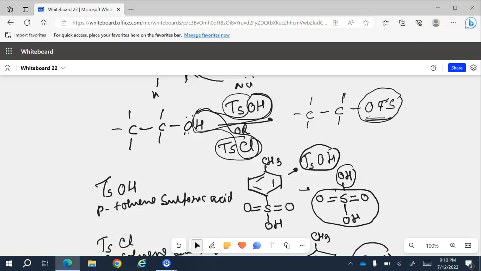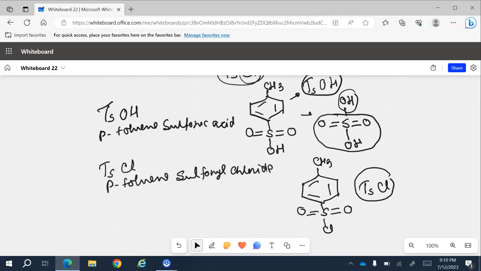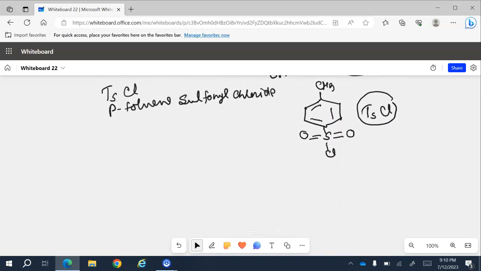So let's try to see the mechanism. How does that happen here? Whenever we are using some type of alcohol, say for example ROH, this is the alcohol, and these are the lone pairs of electrons. We are reacting with TsCl, para-toluene sulfonyl chloride.